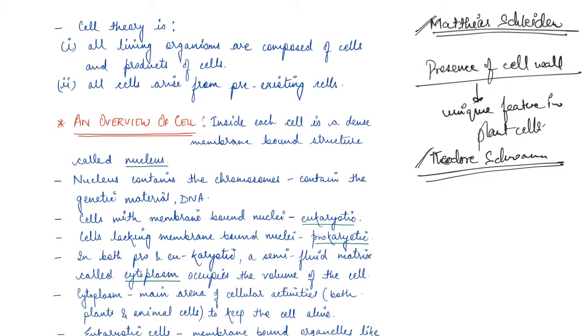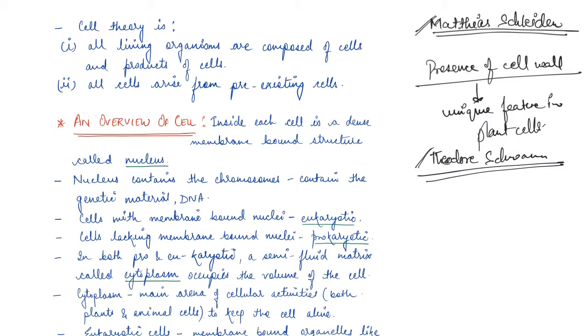You see the onion peel under the microscope, and you see a typical plant cell with a proper cell wall as the outer boundary. In the same way, you can see a human cheek cell, and you see that there's no cell wall as in the onion peel.